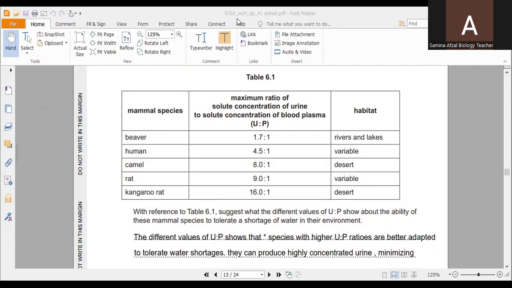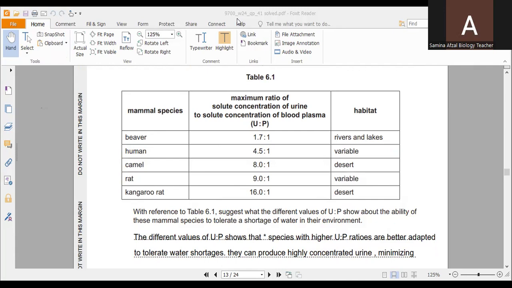With reference to table 6.1, suggest what the different values of U ratio P show about the ability of these mammal species to tolerate a shortage of water in their environment. U is the solute concentration of the urine and P is the solute concentration of the blood plasma.